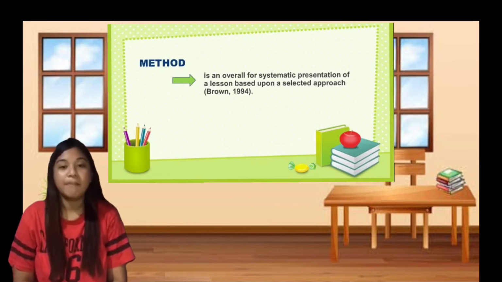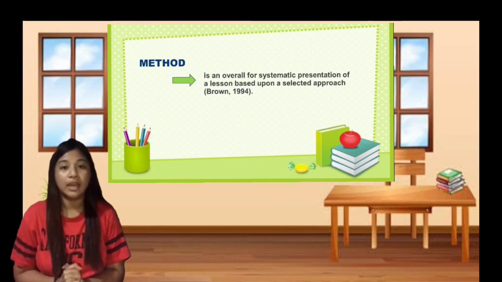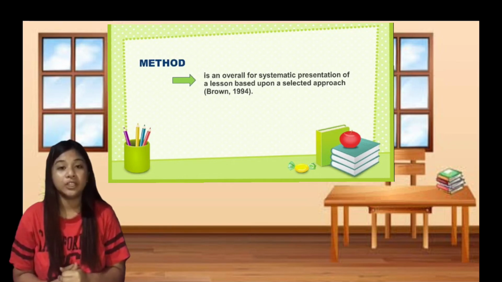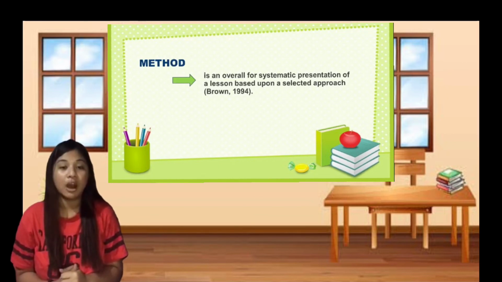The next is methods. A method is an overall plan for systematic presentation of a lesson based upon a selected approach, Brown 1994. It also refers to a series of systematic actions by teachers in order to achieve short-term teaching objectives.